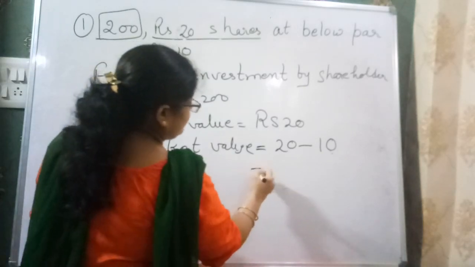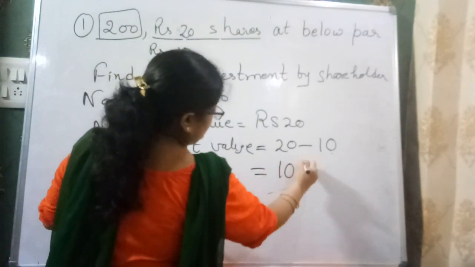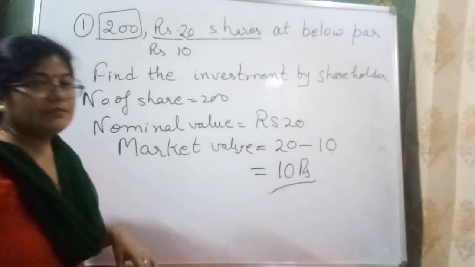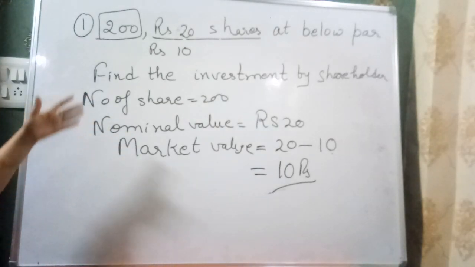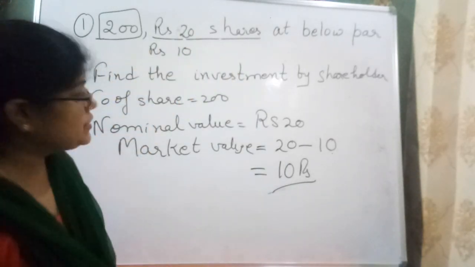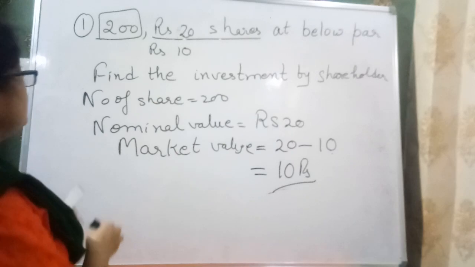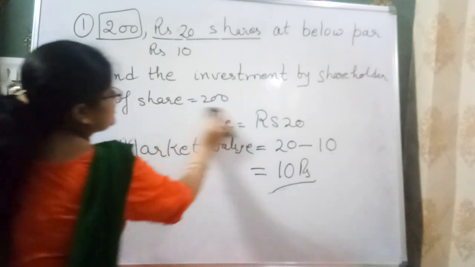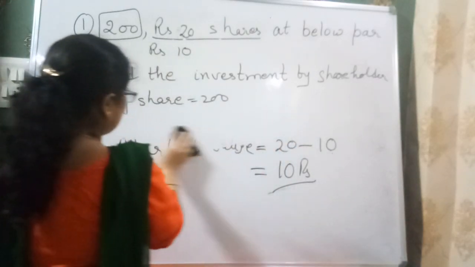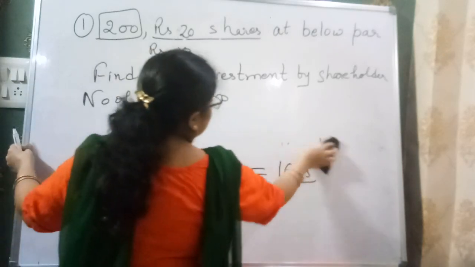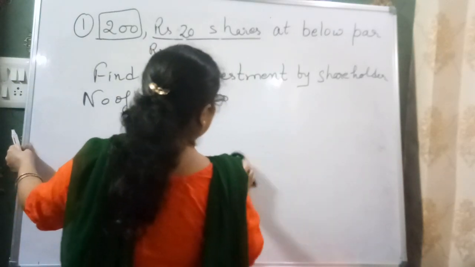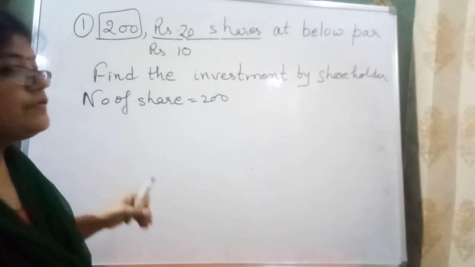The market value of the share becomes rupees 10. Now, in the same way, find the investment by the shareholder. What's the formula?